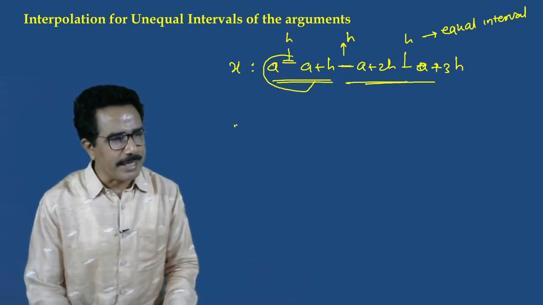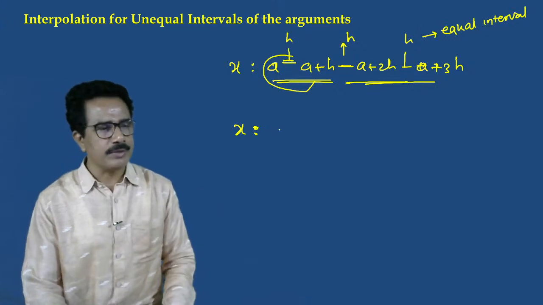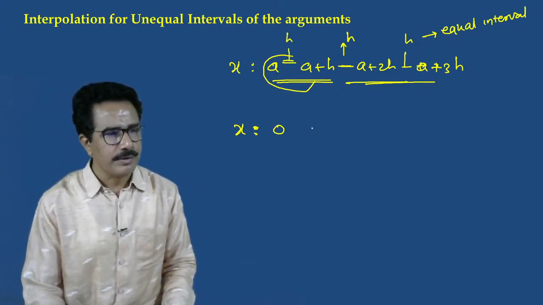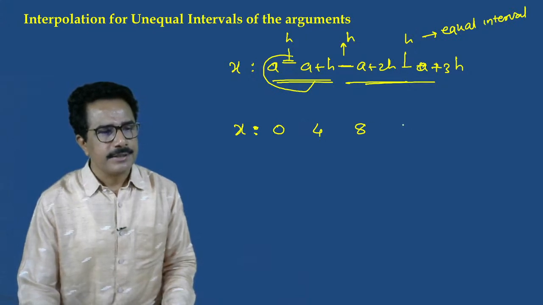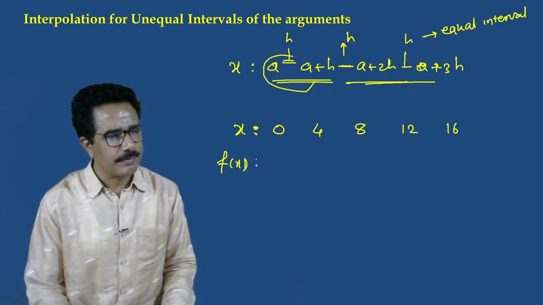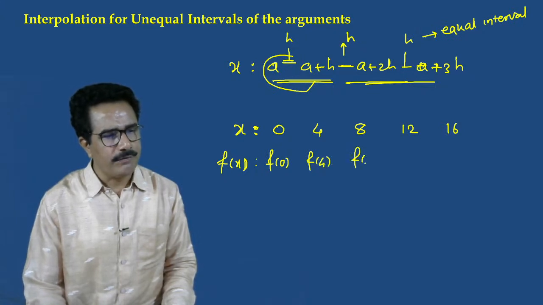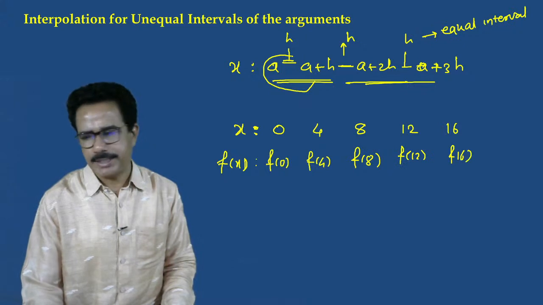For example, x equals 0, 4, 8, 12, 16. Then the corresponding values are f of 0, f of 4, f of 8, f of 12, f of 16.